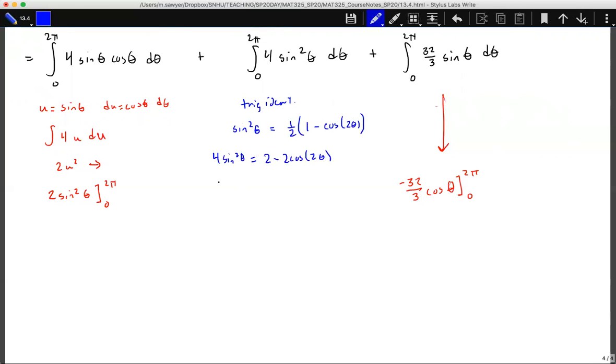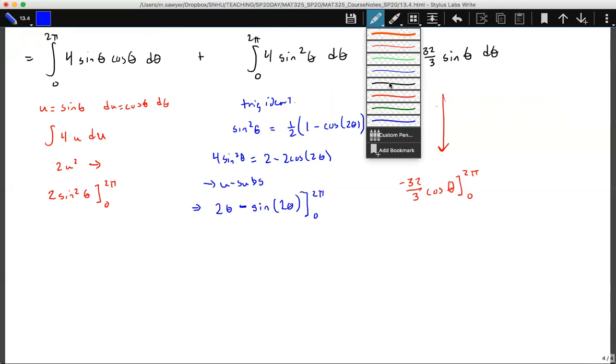And then we can do a u substitution on that to solve it. And so the integral becomes 2 theta minus sine of 2 theta, evaluated from 0 to 2 pi.